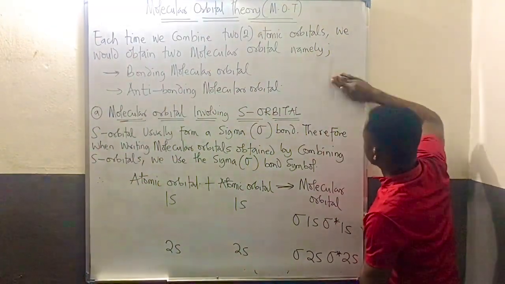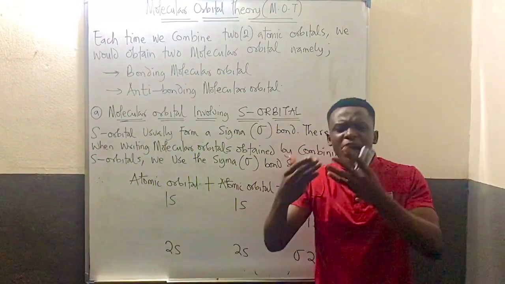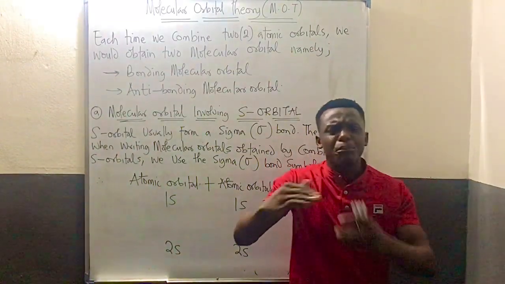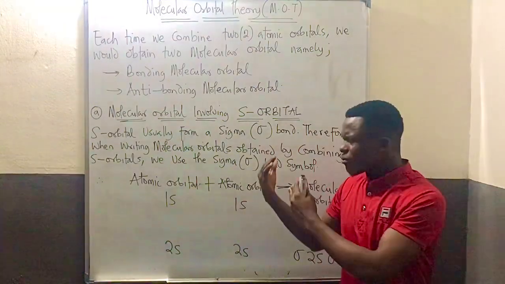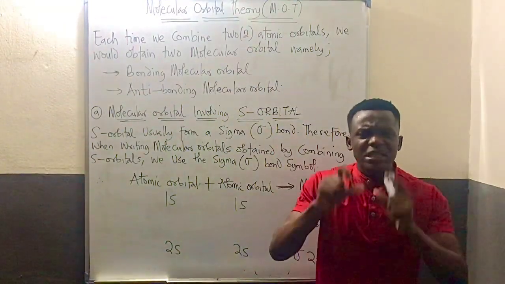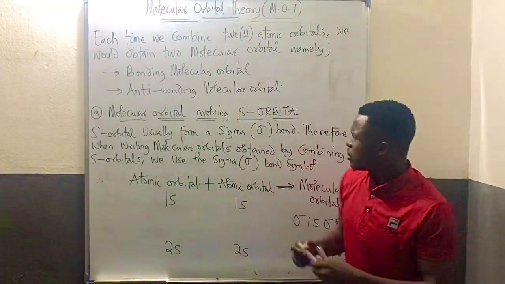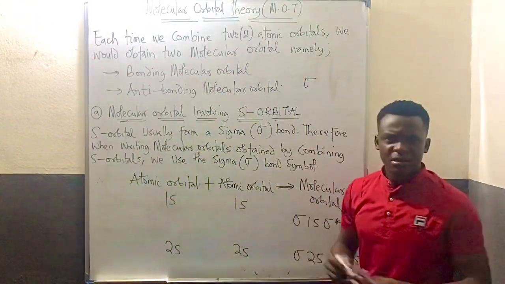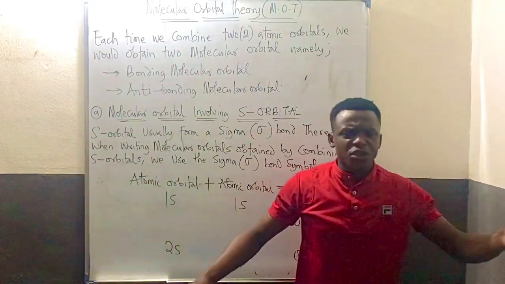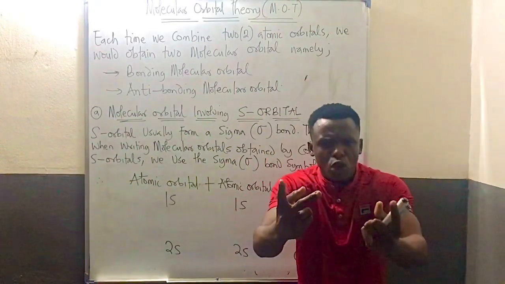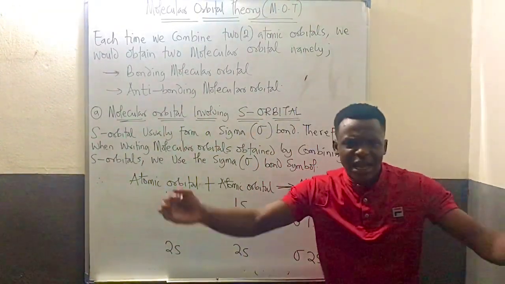So looking at here, I recap: s orbitals form sigma bond only. In other words, whenever you're writing molecular orbitals involving the s, you use the sigma bond symbol, which is this. When you combine one s of this atom and one s of this atom, you're going to have two molecular orbitals, the bonding and the anti-bonding.